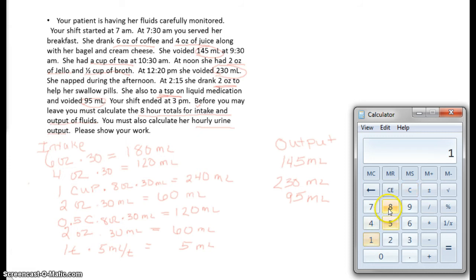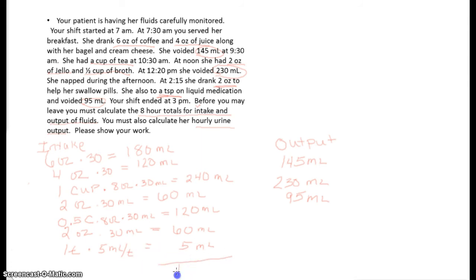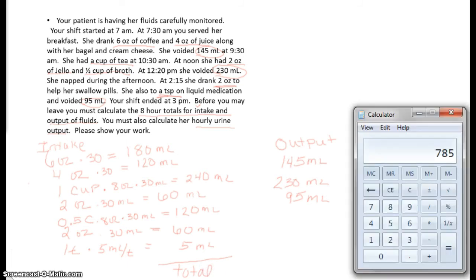So I have 180 plus 120 plus 240 plus 60 plus 120 plus 60 and plus 5 equals, so I have a total intake, so this is total, let me look at that number again, of 785 milliliters.